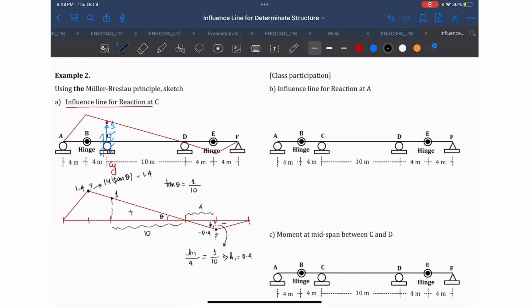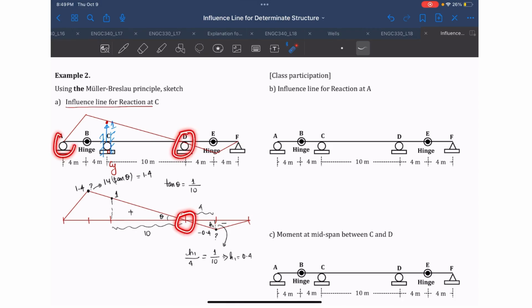That's how you draw the reaction at C using all the criteria that I just mentioned. Make sure that you apply the guided roller, because we're interested in vertical reaction, and then you apply a unit displacement. Then you see the deflected shape, and make sure that you don't move the support at all.